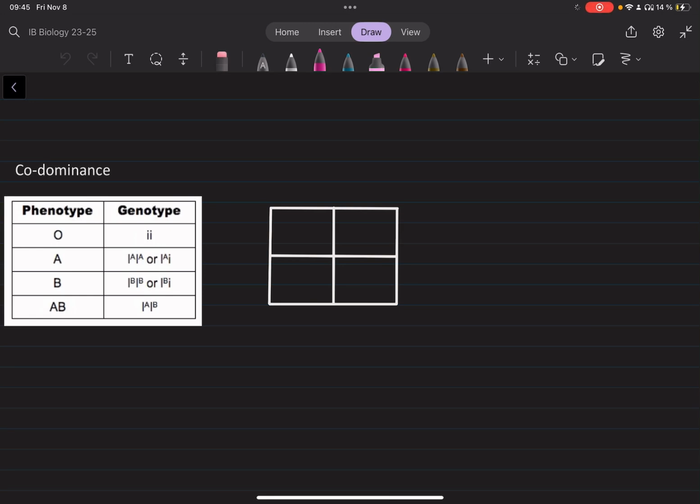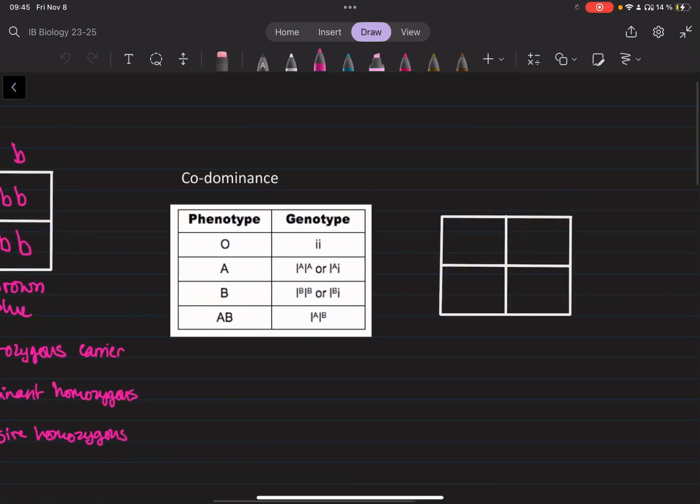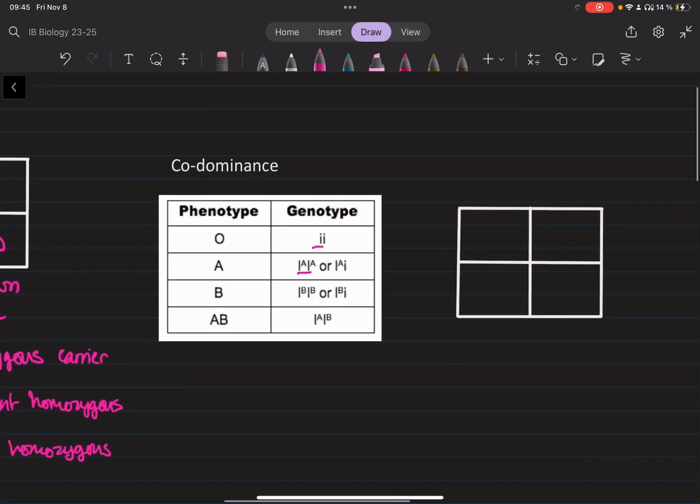With blood type, you always use this type of notation. So A and B, I will get into this later, but A and B blood type are dominant, which means you do a big I and then an A or a B. And then O is recessive, and it's always represented by a small i.